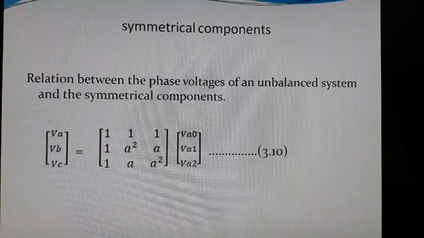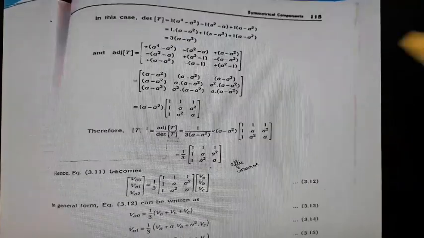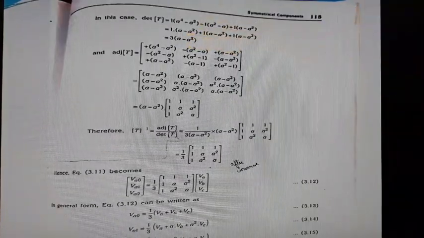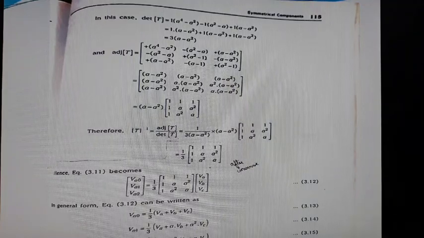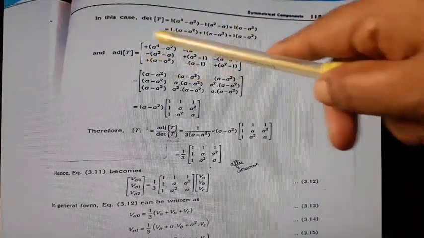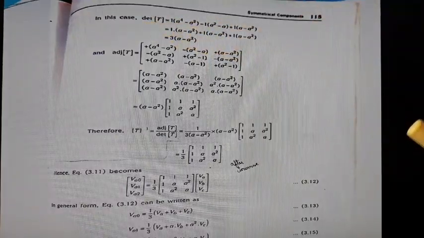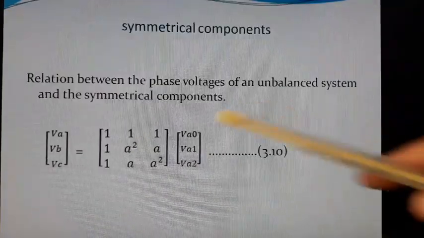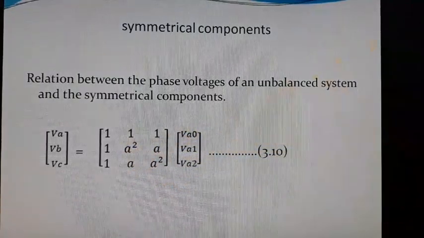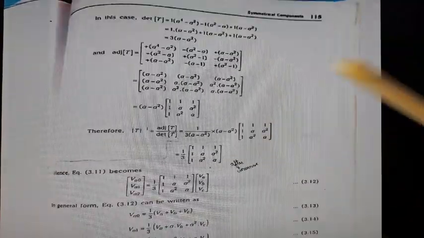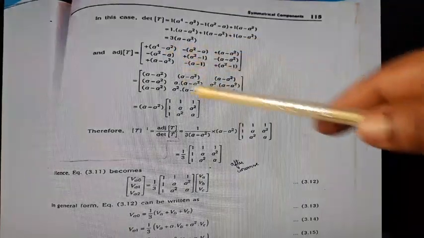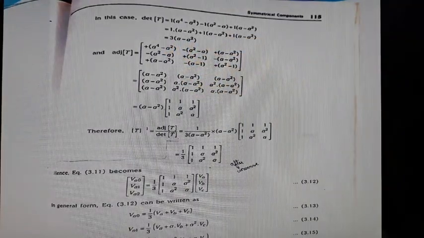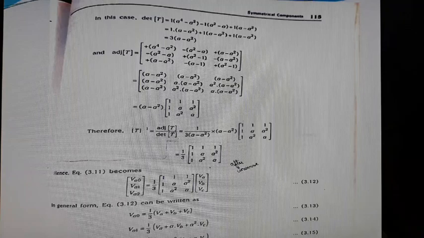Simplifying, the determinant becomes 3 into (a minus a square). For the adjoint, the first element is a power 4 minus a square. For all the elements we find the cofactors, and that becomes the adjoint matrix.